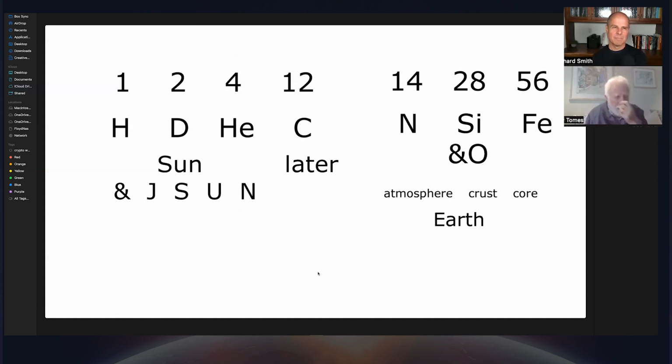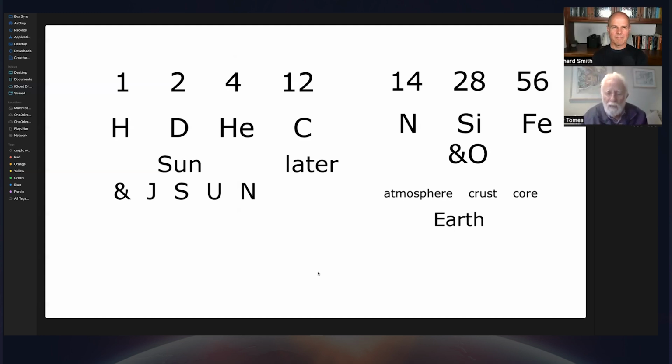So we find in the sun, and also in Jupiter, Saturn, Uranus, and Neptune, these atomic masses 1, 2, 4. That's what they're made of. And that's what you get as you go towards the middle of the sun. You go from 1 on the surface to 4 in the middle. If you look at the Earth, it's quite different. It's not got lots of hydrogen and helium. It's got some, but the most common element in the atmosphere is nitrogen, with an atomic mass of 14.